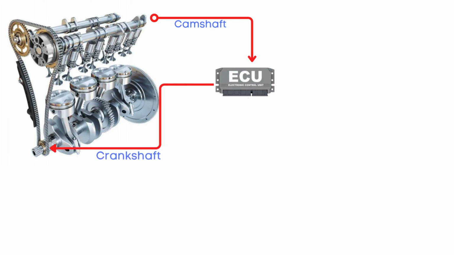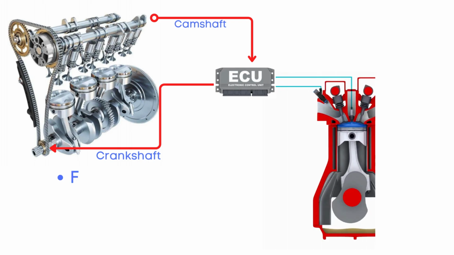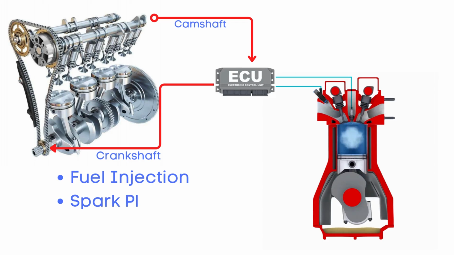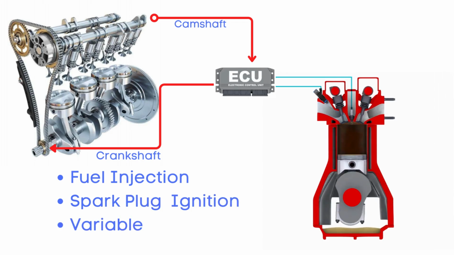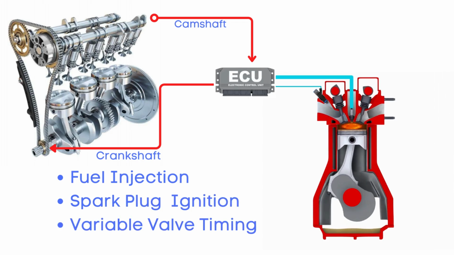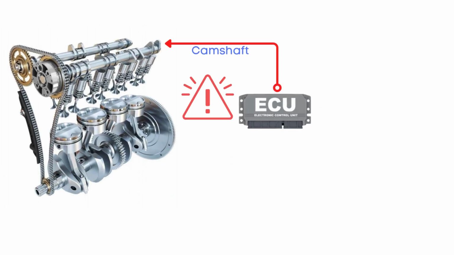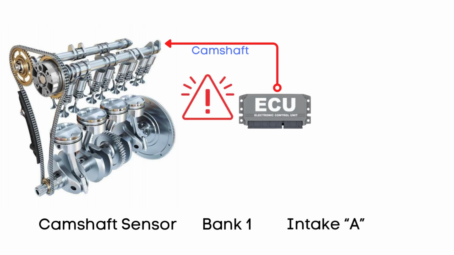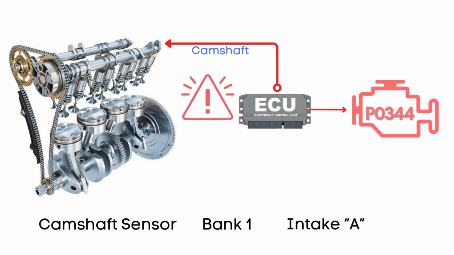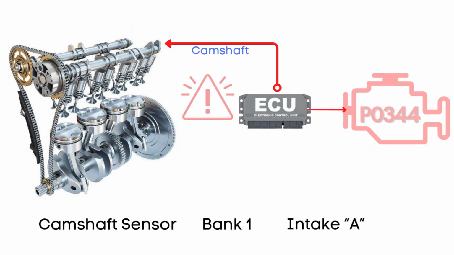With all this data, the ECU can precisely control things like fuel injection, ignition timing, and even when the valves open and close. But if there's a problem with the camshaft position sensor circuit, then the ECU can't get the right camshaft data, and it triggers the P0344 code to let you know something's off.